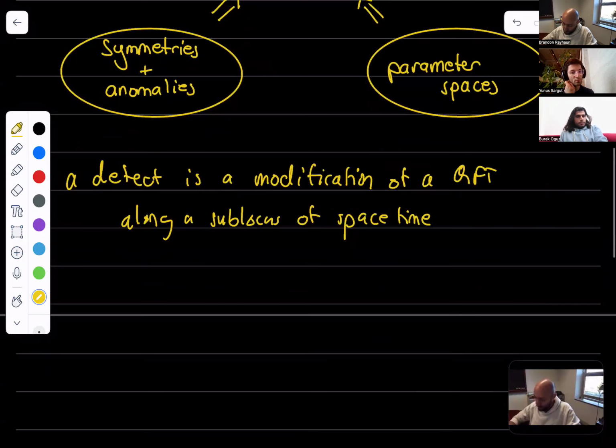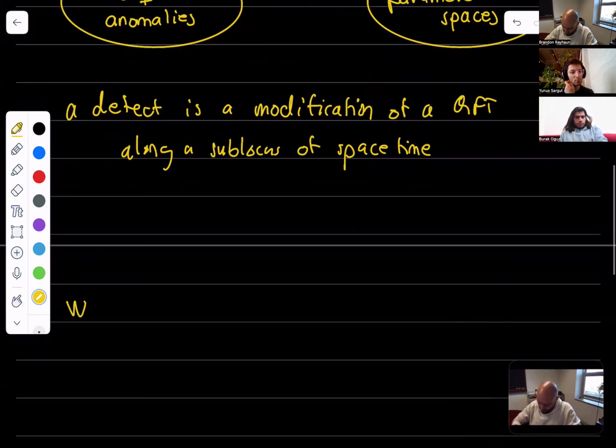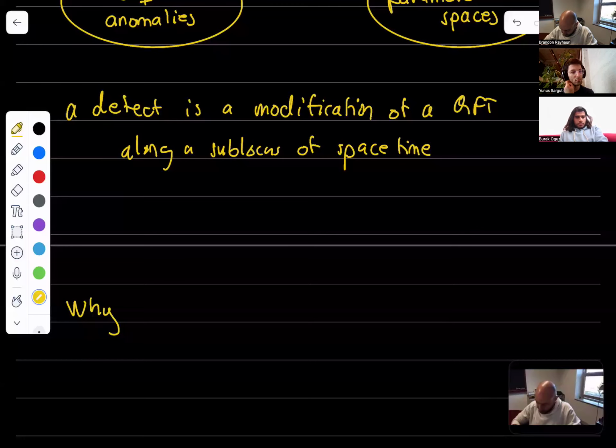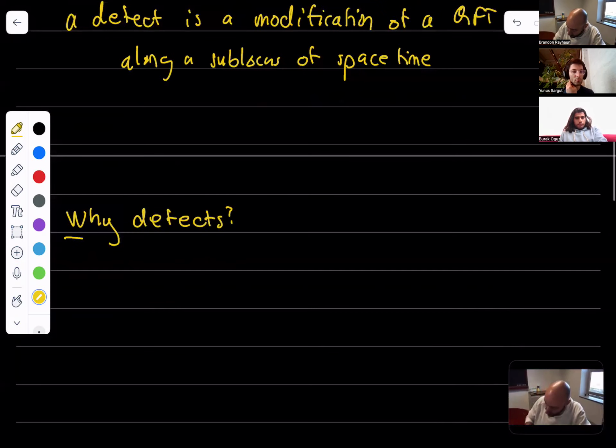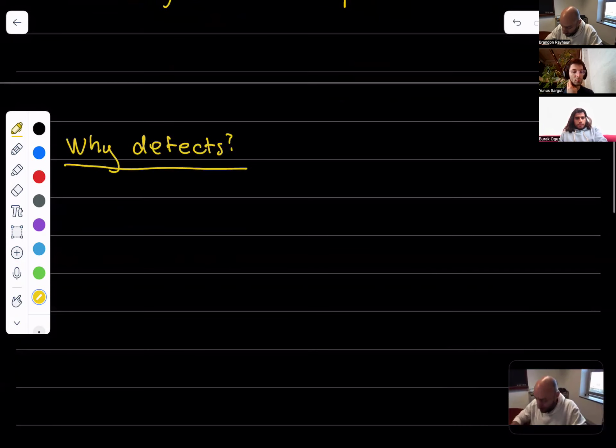So good, that's what a defect is. So why should we study them? One answer to this question is simply that they have a lot of really nice applications.